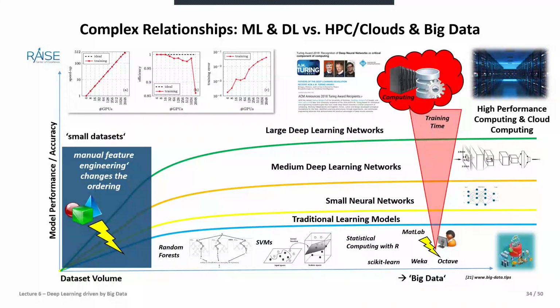Now, with the advent of GPUs, with the advent of cloud computing, high performance computing, you get, for the first time in history, in the last almost 10 years, to the point that you can compute these algorithms. And that is, of course, a very important part.